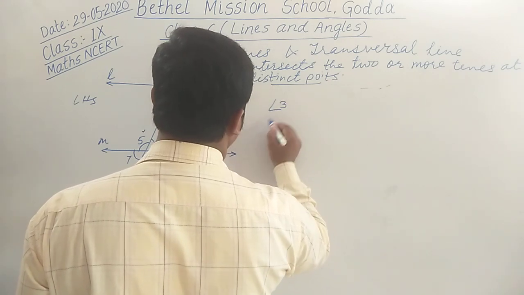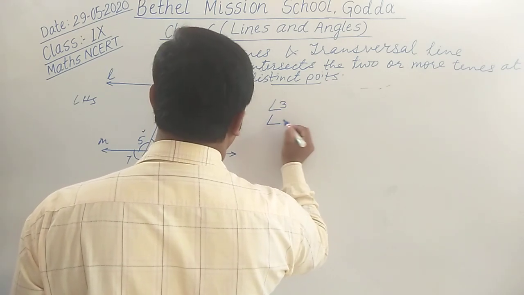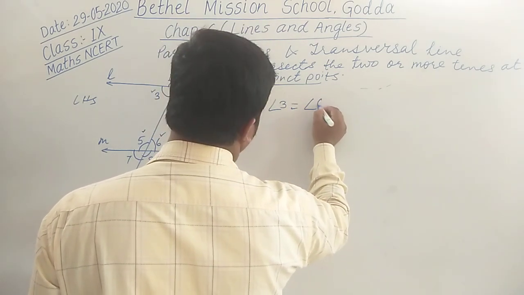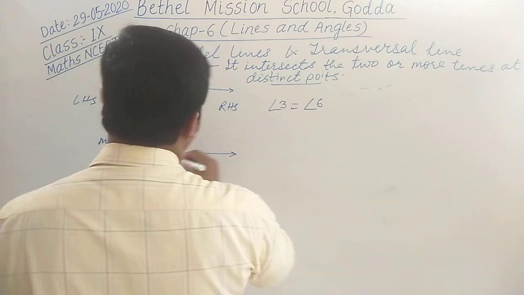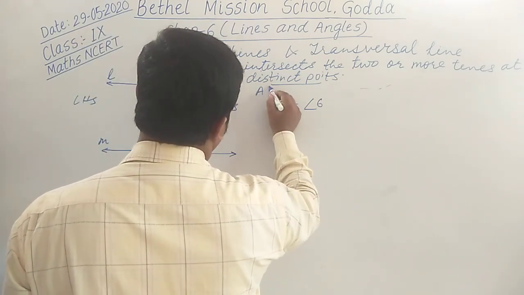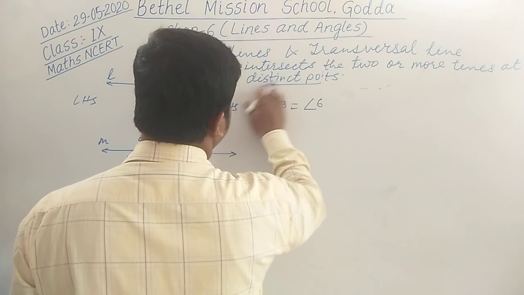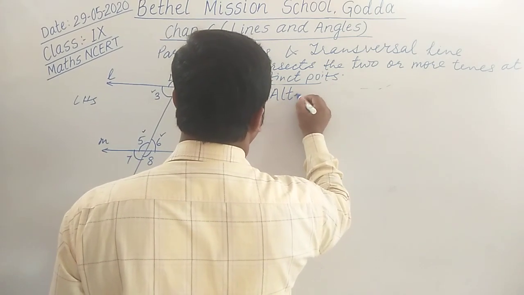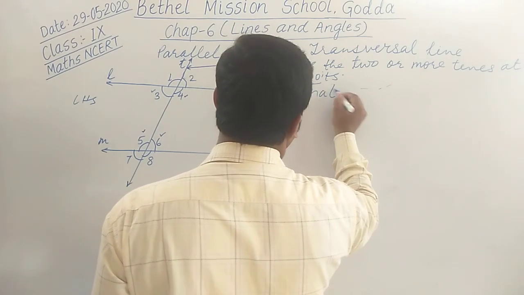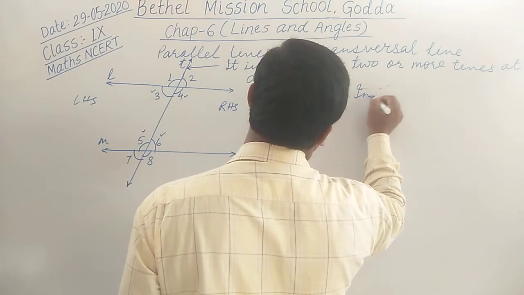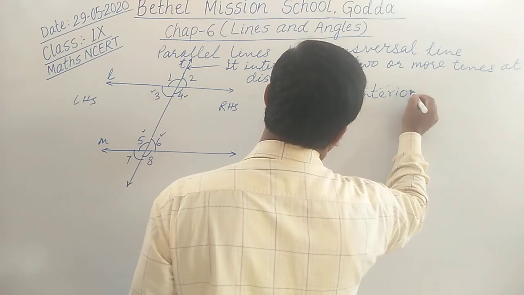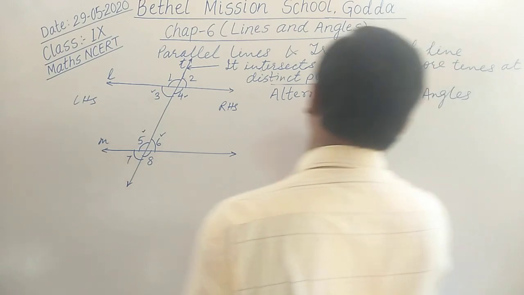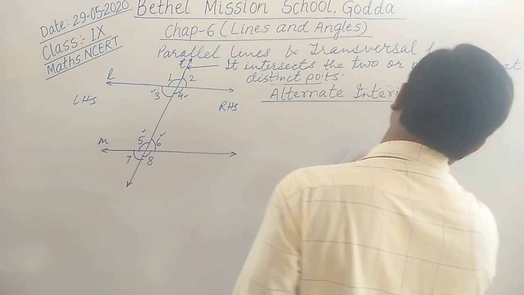Angle 3 equal to angle 6. Alternate interior angles.